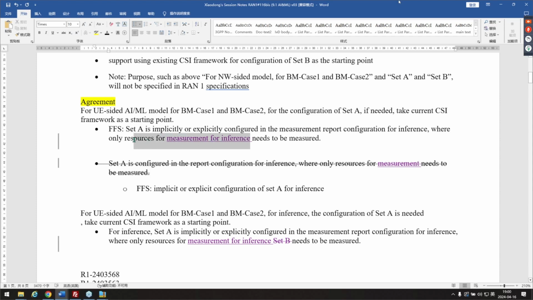We can further discuss whether we can have some implicit way or other ways to do the configuration. So this should be the baseline for this whole discussion. So in the main bullet, we should remove "if needed". Otherwise, it doesn't make any sense to have no configuration of set A at all.